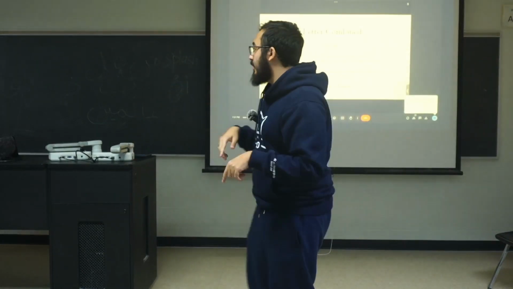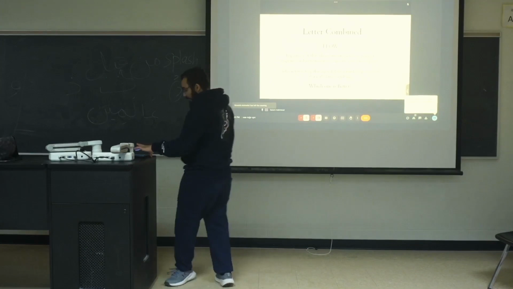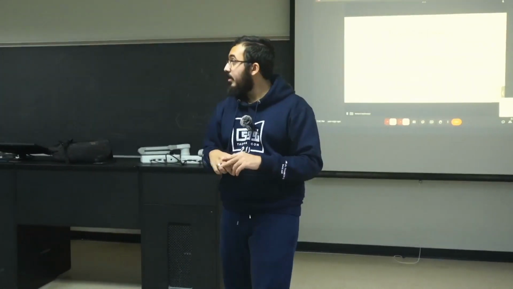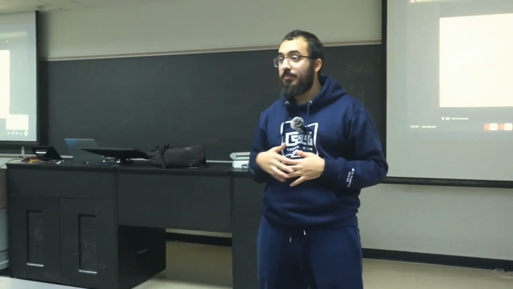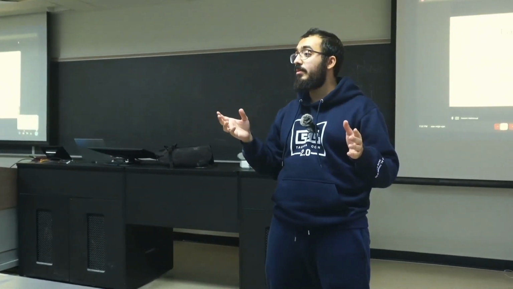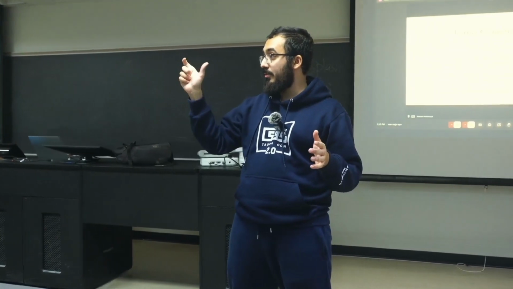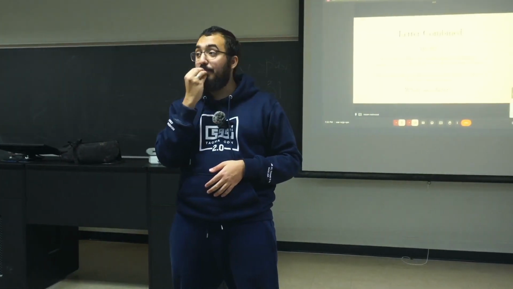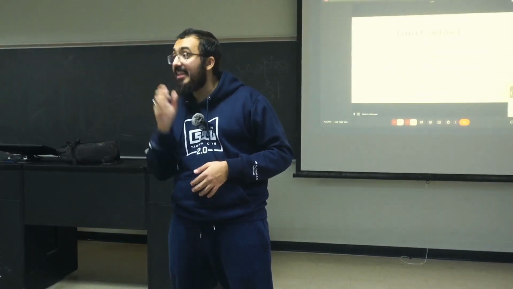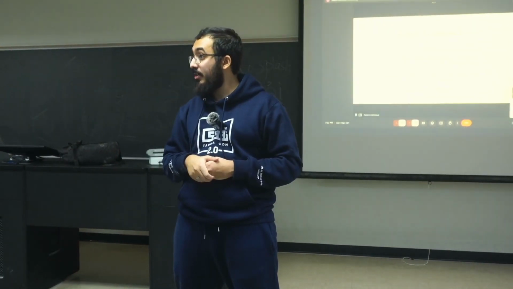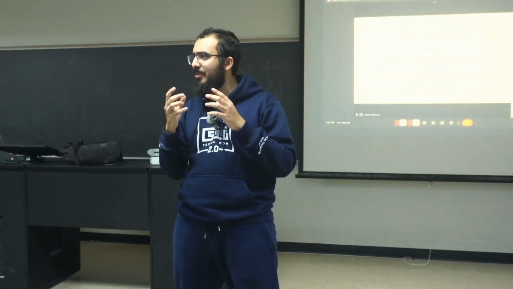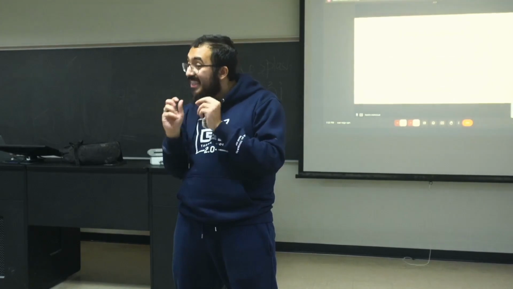I'll make a final recap. So, what did we talk about? We talked about a letter on its own. A letter on its own has a physical place to emit the sound.